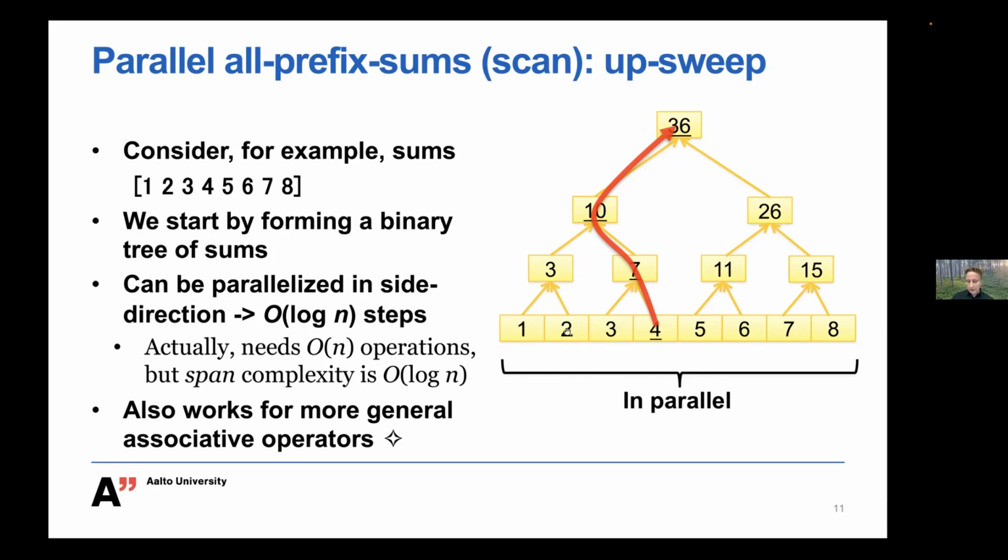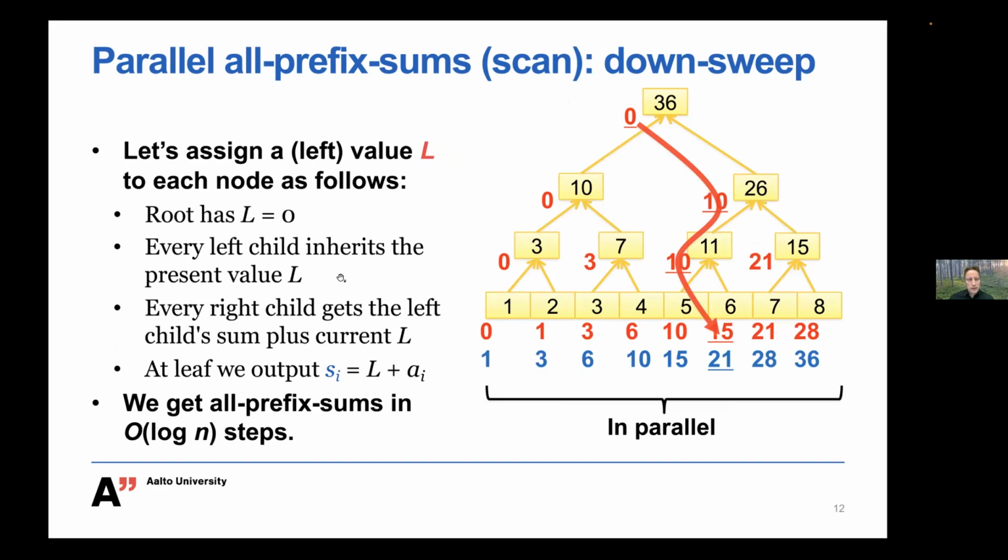The same idea can be done for any general associative operator. We can also do a matrix multiplication version of this, but we are not done yet. This is the upsweep, and the magic happens actually in the downsweep. We do a downsweep by assigning a left value L to each node.